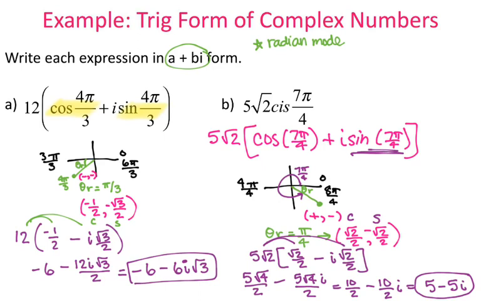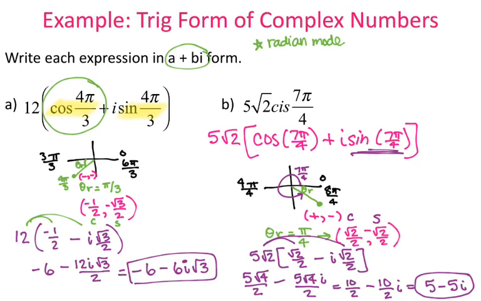And then what you can do in the calculator is calculate these individual trig functions one at a time. So if I put my calculator in radian mode, which I'm actually doing right now, but of course you can't see, and I type in cosine of 4 pi divided by 3, that gives me negative 0.5, which of course we know is negative 1/2.